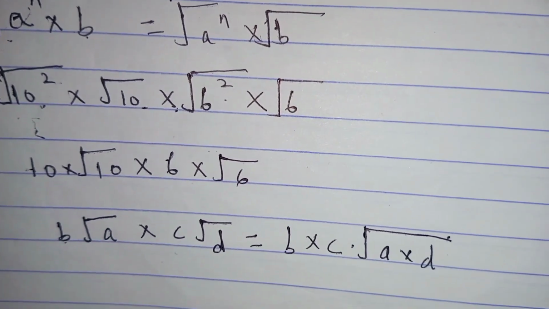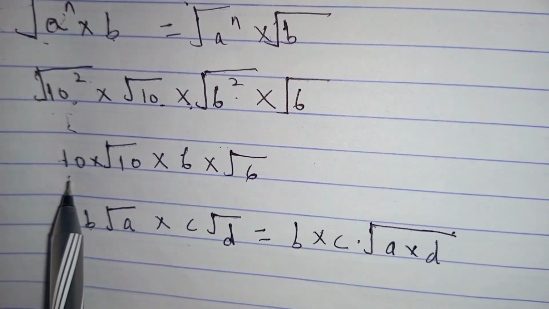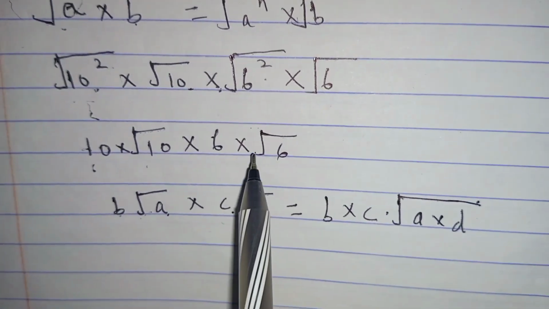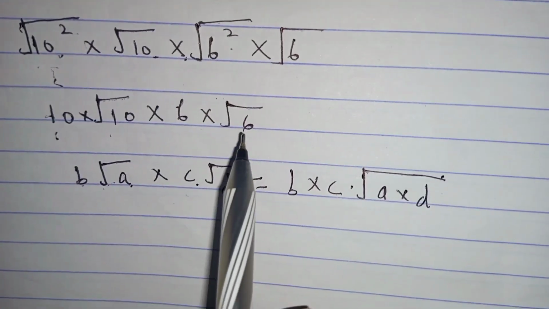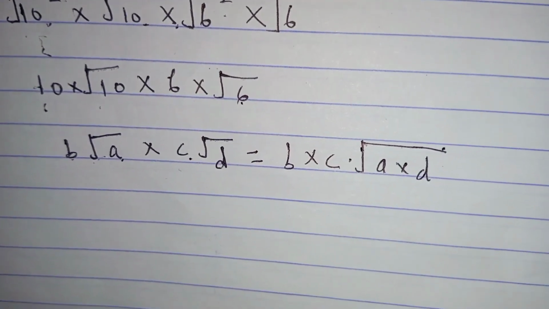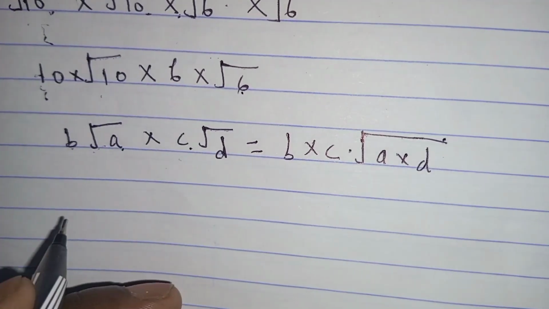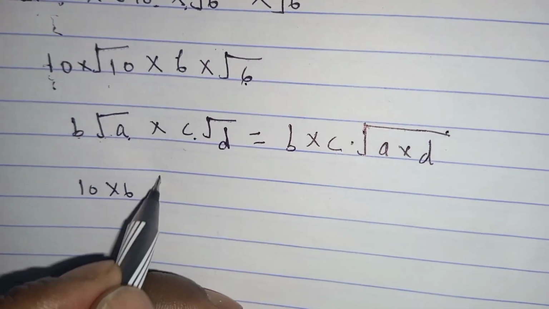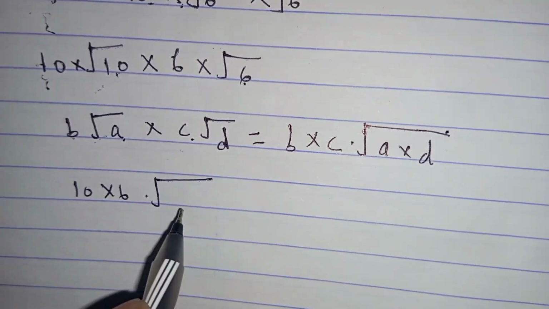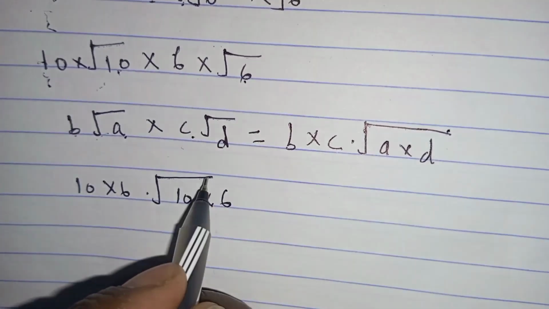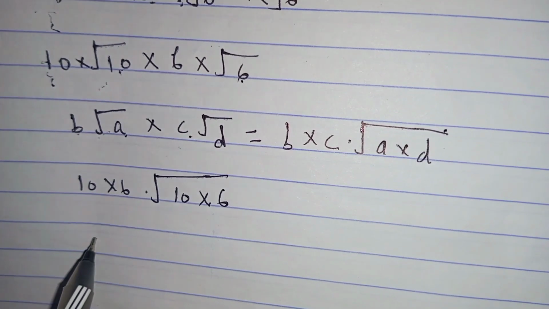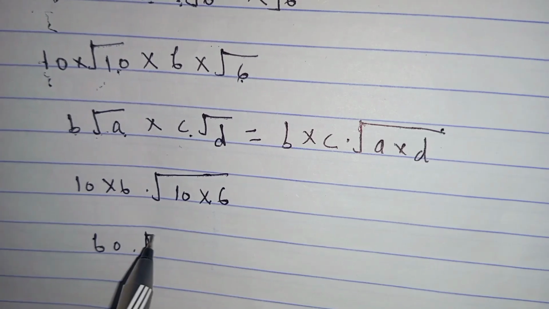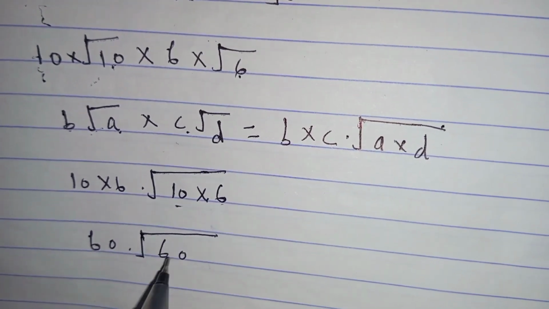So we make use of this identity. In our case, b is 10, our a, which is in the square root, is 10, and our c is 6, and our d is 6, which is in the bracket. So we shall have 10 times 6, so we shall have 10 multiplied by 6 square root of 10 multiplied by 6. So 10 times 6 is 60 square root of 10 times 6, which is 60.